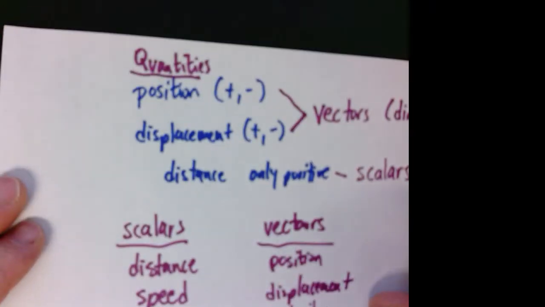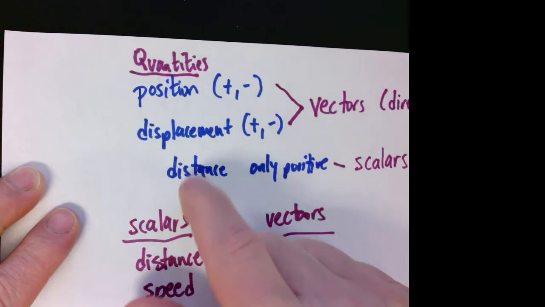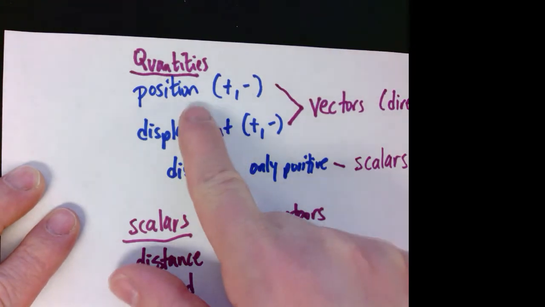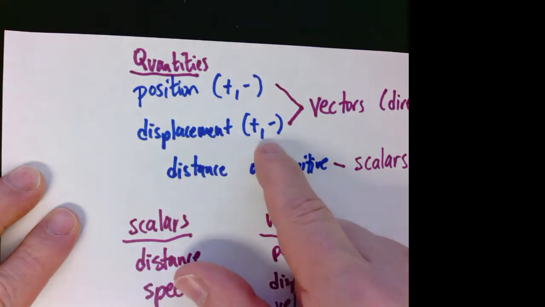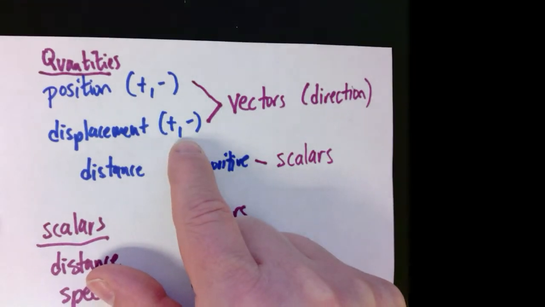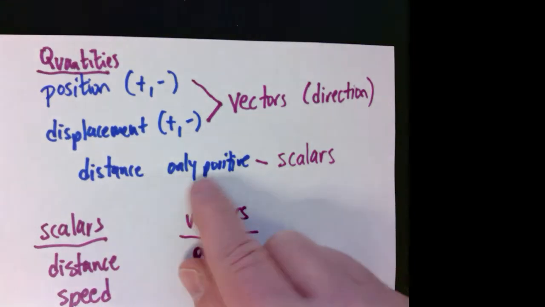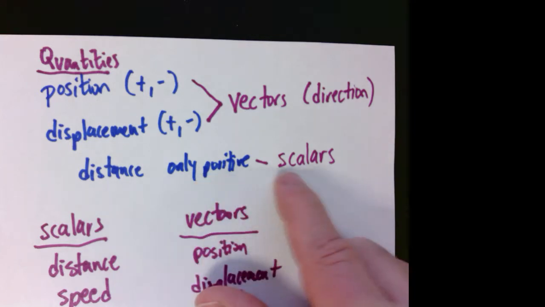Now to recap, we discussed 3 different quantities: position, displacement, and distance. Both position and displacement can be positive or negative. That makes them something called vectors, where direction matters. Distance is different. It can only be positive, and quantities that can only be positive are referred to as scalars.